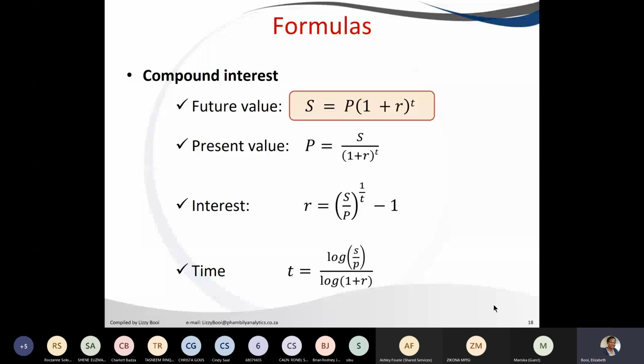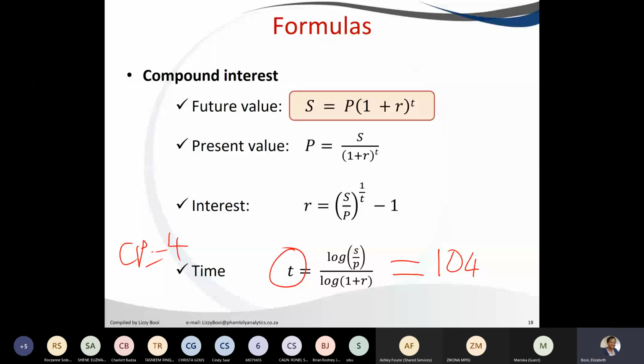Now, another thing I need to mention is that when you calculate T and it is compounded, the answer you will see will be in compounding periods. So this answer might be 104. And if the compounding periods were quarterly, this will be 104 quarters.